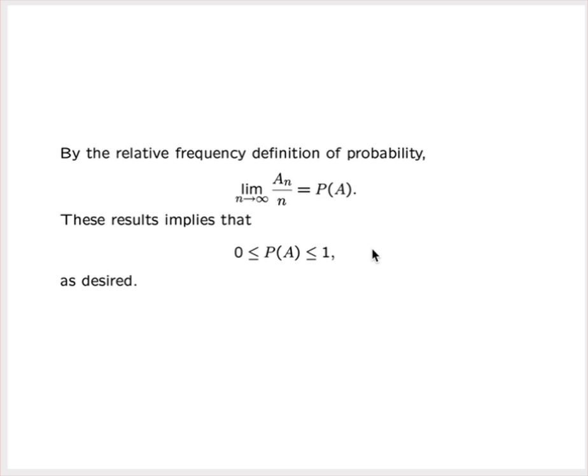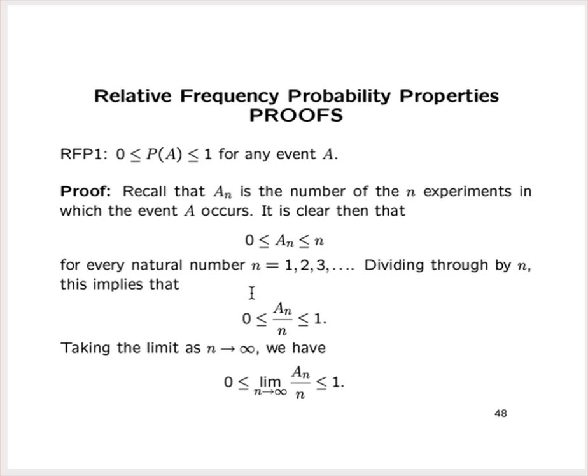And so that implies that the relative frequency probability of A is between 0 and 1. And that's what we set out to prove. So that is how we prove RFP1 using the definition of relative frequency probability.